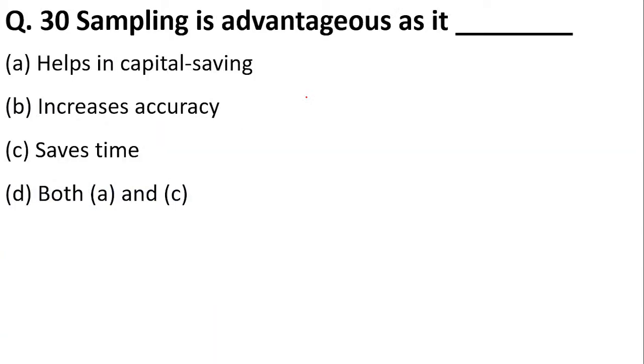Sampling is advantageous as it helps in capital saving. Capital saving means cost saving, increases accuracy, saves time, or both A and C. So, sampling is beneficial as, like I told you, if you are doing a research on 1 lakh people, it will be very expensive. If you take only 1,000 people in your research, then it will definitely save your cost.